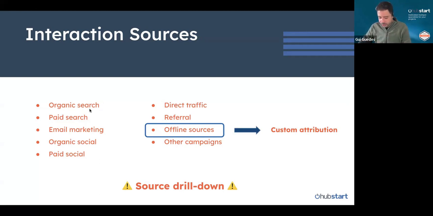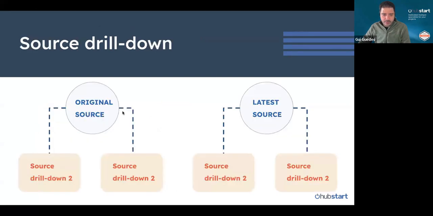So I'm going to try to show you something here. This is a very simple idea of how the source drill down works. You can have the original source, which is the source that created the contact inside your account, or you can have the latest source, which is the last thing this user did on your website or any of your channels or touch points.